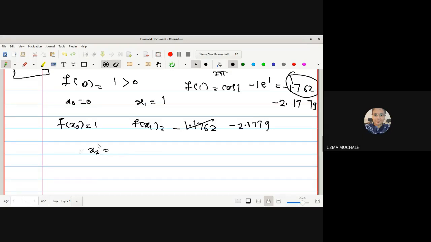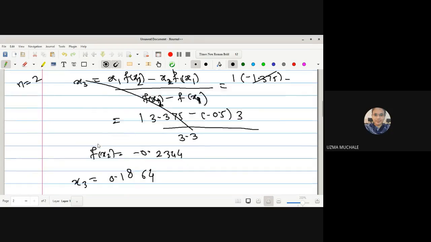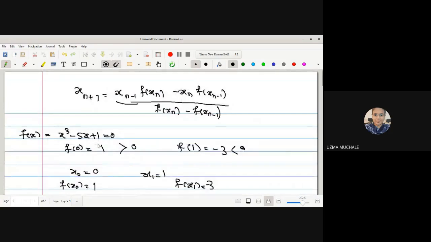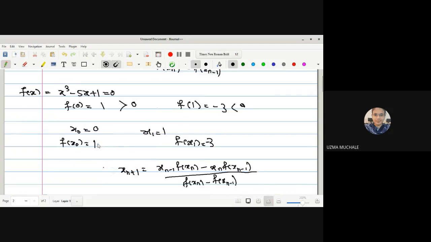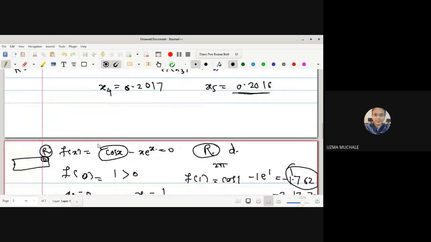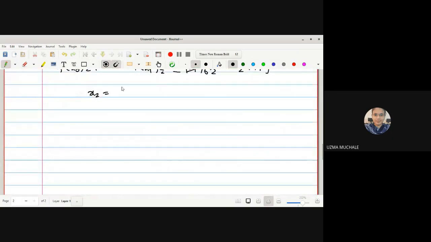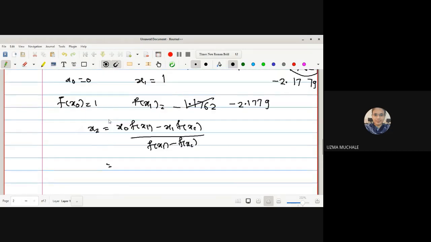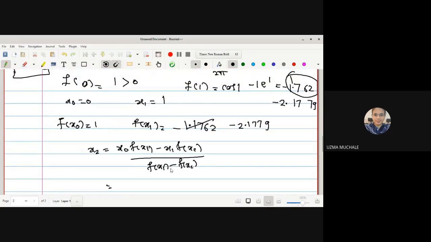Now let's go for x2. What is the formula for x2? Here in this formula we have to put n equal to 1. So it will be x naught into f of x1 minus x1 into f of x naught, divided by f of x1 minus f of x naught. Now let us put in all those values. F of x naught is 1.